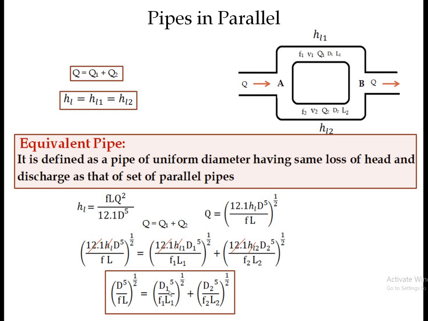This is the final equation for the equivalent pipe for the set of parallel pipes. By using this equation we can find the uniform diameter of the equivalent pipe if we know D1, L1, D2, L2 and the total length L.